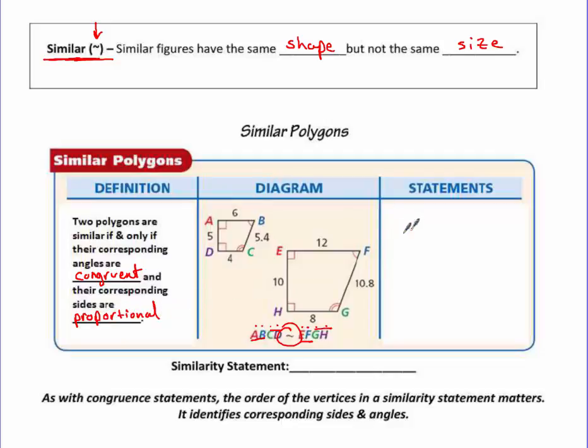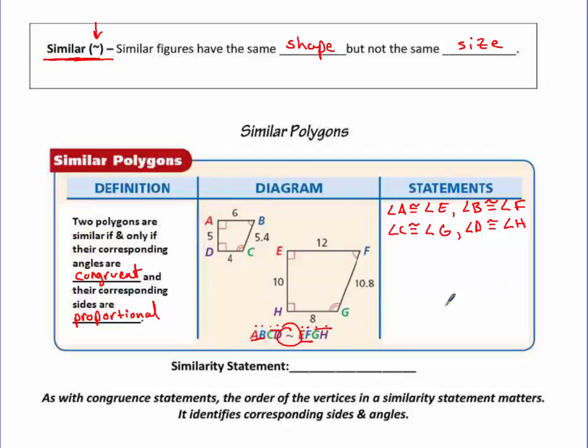Okay, so what that means for you, if you have two similar polygons, we would say that angle A is congruent to angle E. Angle B is congruent to angle F. Angle C is congruent to angle G. And angle D is congruent to angle H. So I'm matching up all the angles with their corresponding angle in the other polygon.